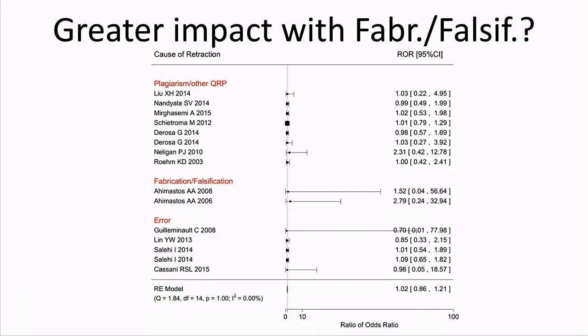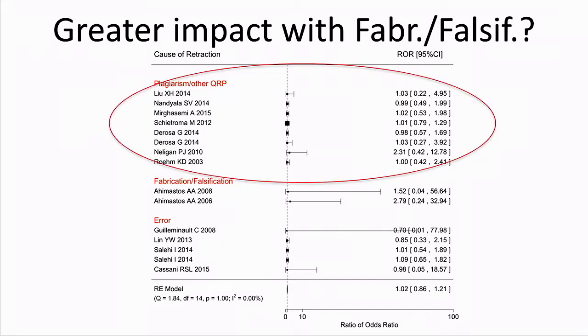Nonetheless, based on what the retraction notices declared, we have this whole group of retractions due to plagiarism or to other, I'm saying QRP, but really this is other ethical breaches of research practice that have nothing to do, apparently, with the data or the results. And with one possible exception, the values are all very, very close to 1.